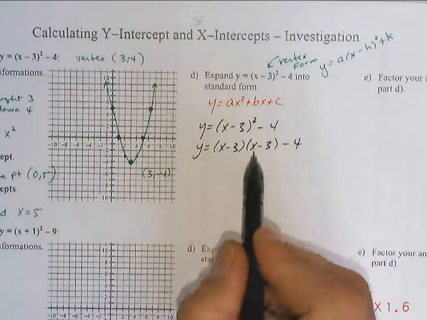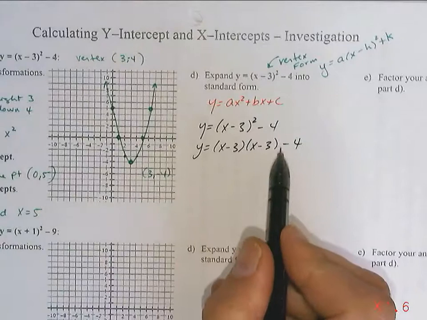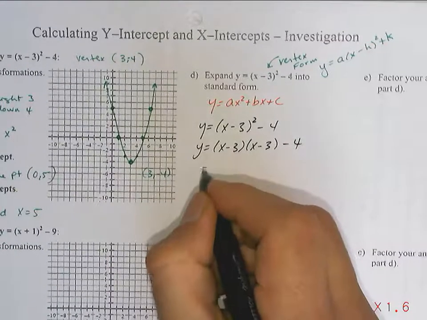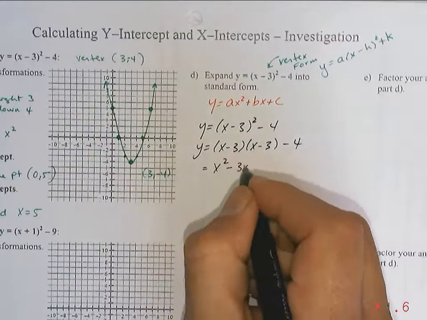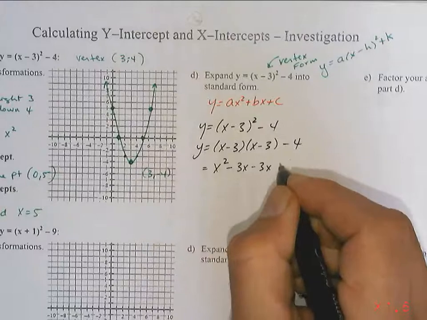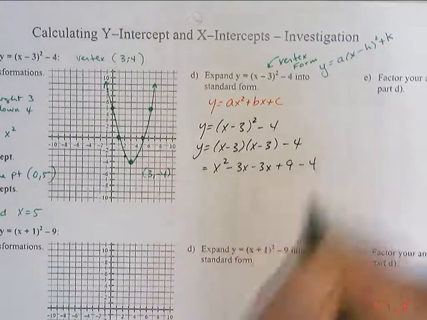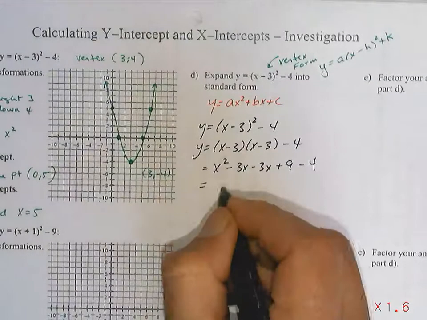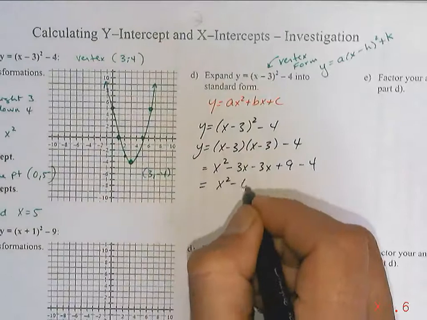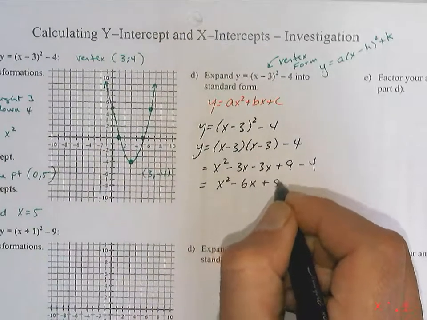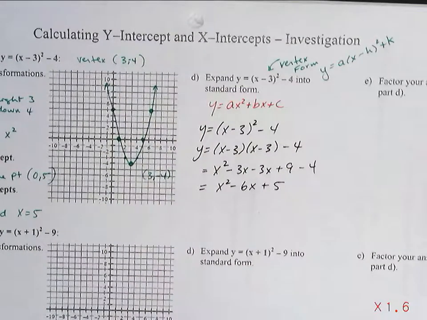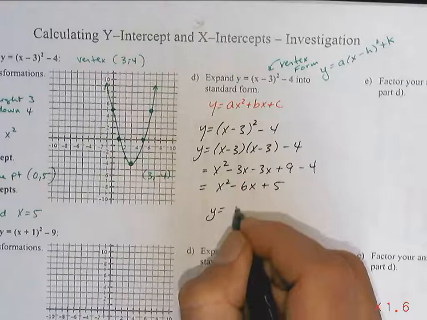So binomials get multiplied before the subtract 4. X times x is x squared, minus 3x, minus 3x, plus 9, minus 4. Simplifying, x squared minus 6x plus 5. Ladies and gentlemen, you have now put it into standard form.